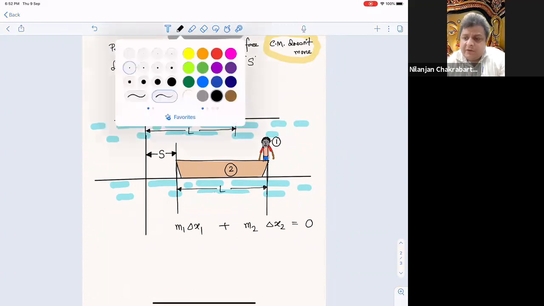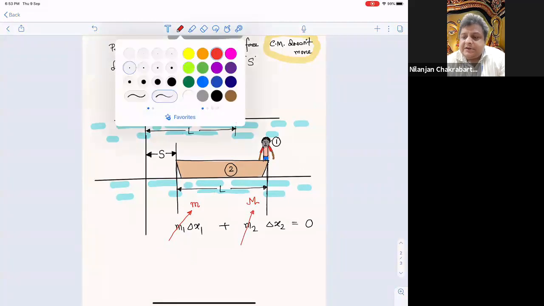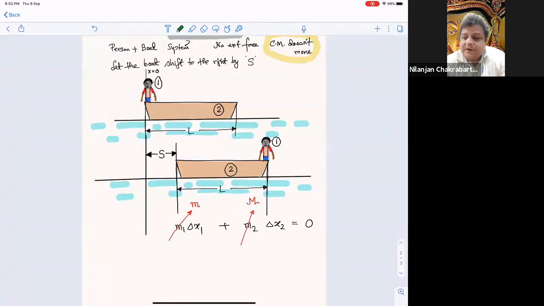What is m1 equal to? The person, small m. m2 is capital M. What will delta x1 be?